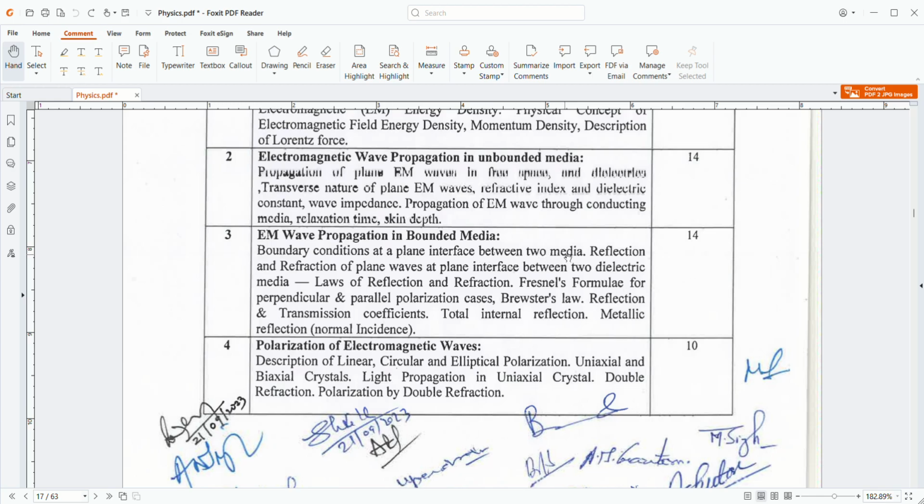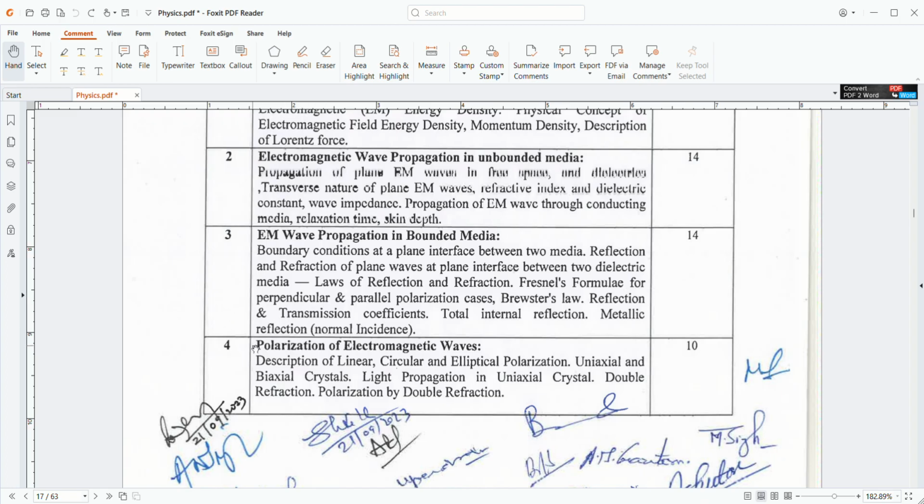Boundary conditions at a plane interface between two media, reflection and refraction of plane waves at a plane interface between two dielectric media, law of reflection and refraction, Fresnel formulas for perpendicular and parallel polarization cases, Brewster law, reflection and transmission coefficients, total internal reflection, metallic reflection at normal incidence.